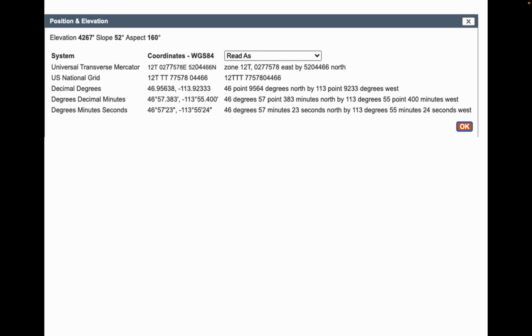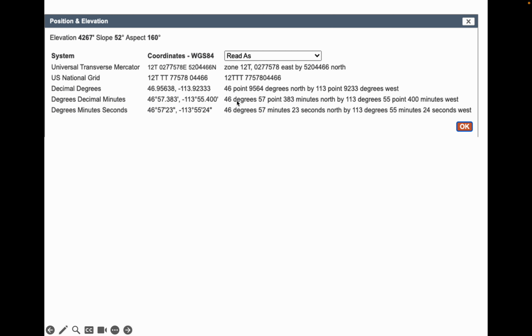So the first one being decimal degrees, so it's the latitude and the longitude followed by a decimal, as opposed to degrees with decimal minutes, so where your minutes have a decimal, or degrees, minutes, and seconds. Notice that every single one of these defines the exact same location, just in a slightly different system.